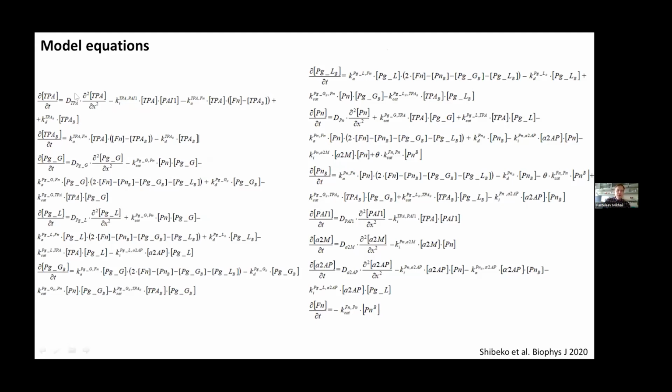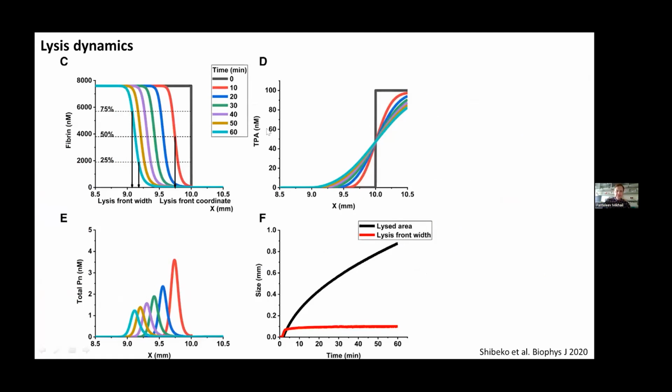Each of the equations has the basic typical form: the time derivative, the rate of the concentration change, is determined by diffusion, reactions, and also advection that is not shown here.